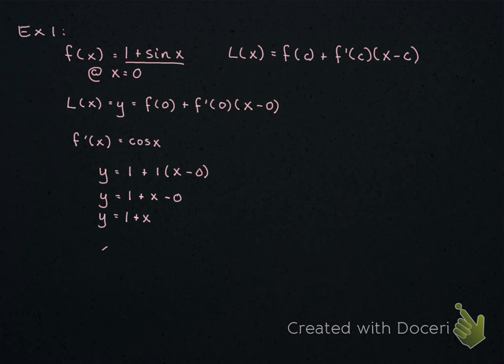And if you look at the table, the f of x and the y are pretty close, okay? f of x equals 1 plus sine x has a value of 0.521 at negative 0.5, where the linear approximation equation has a value of 0.5, okay?